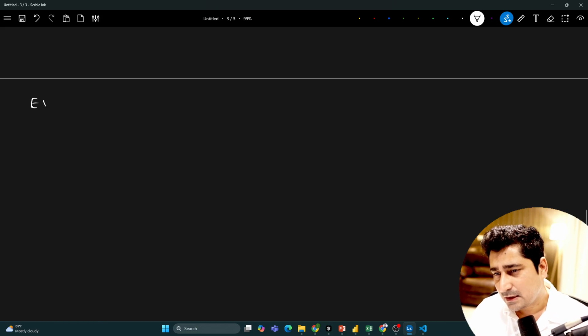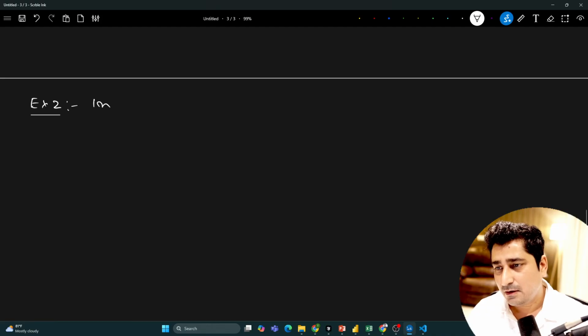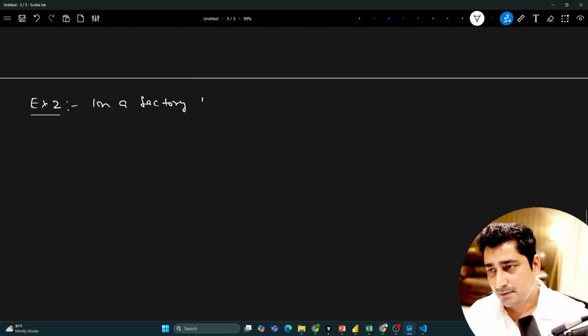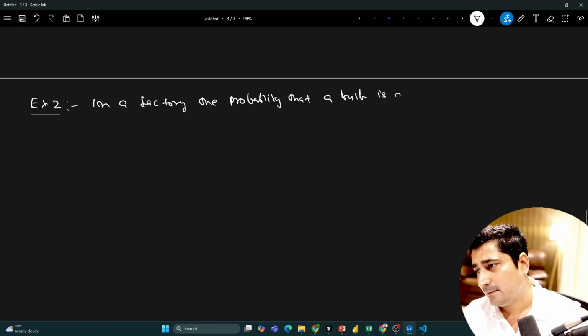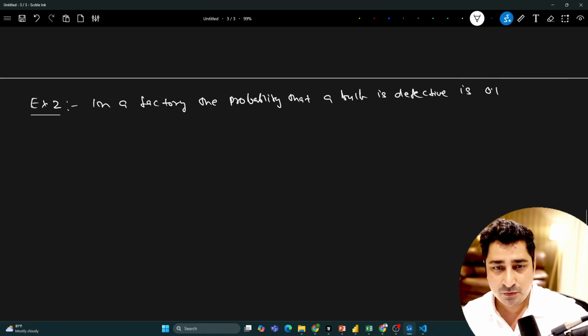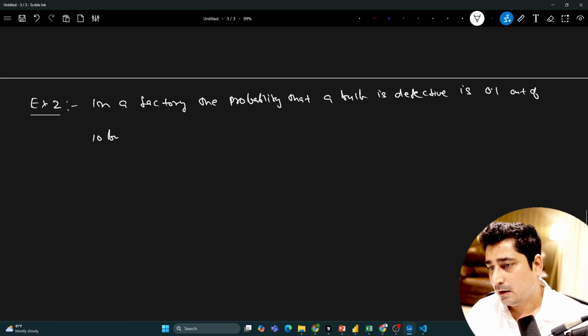So here, let's take example number 2. Example number 2 says that in a factory, the probability that a bulb is defective is 0.1.